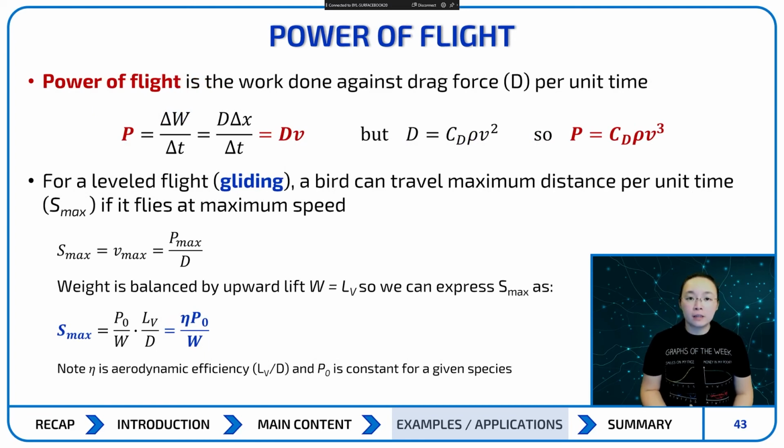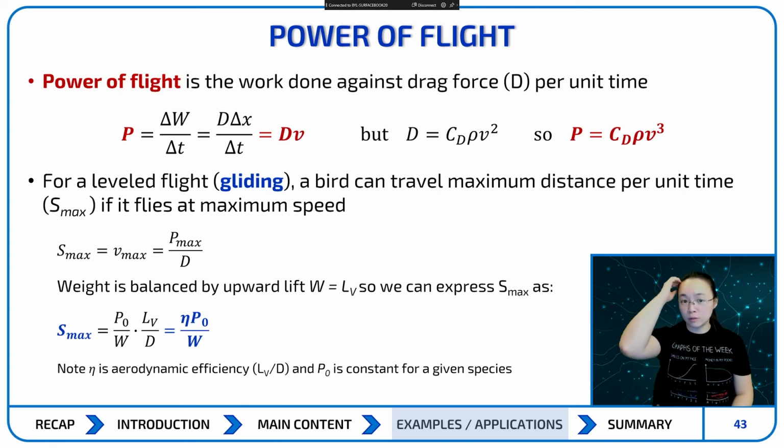Now, taking a look at the power of flight. The power of flight is the work that's done against a drag force per unit of time. So we say P is equal to the work done divided by t. The work done against drag is going to be drag itself multiplied by a change in x divided by t.